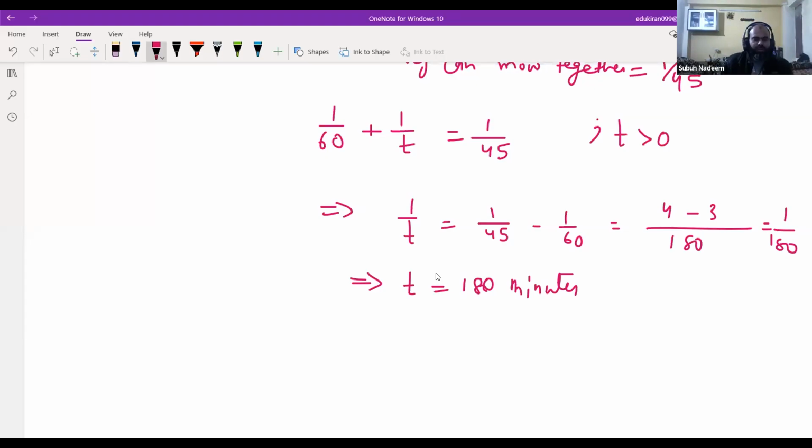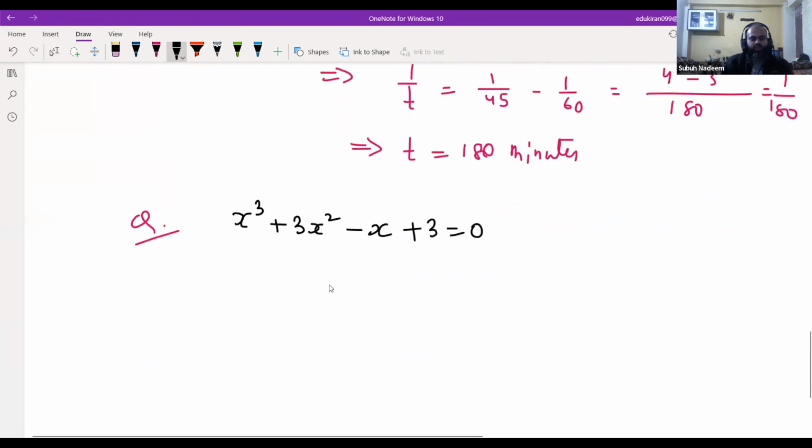What have you got? Can you tell me again? It was x cube plus 3x square minus x plus 3 is equal to 0. This is what you have got, right? Yeah. So how would you get factors? You have to find any one zero.